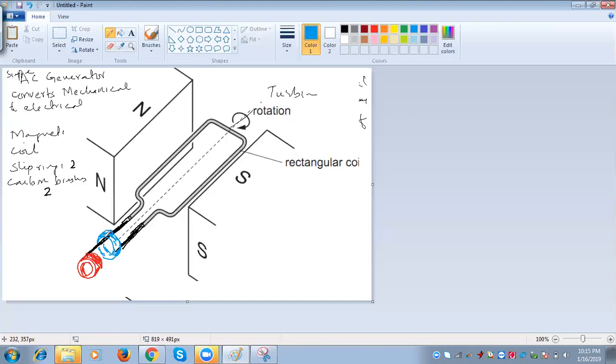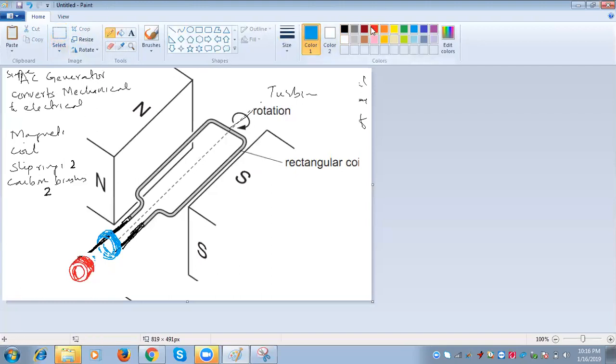I will label the sides. They should have a common axis, and the size will also be the same.